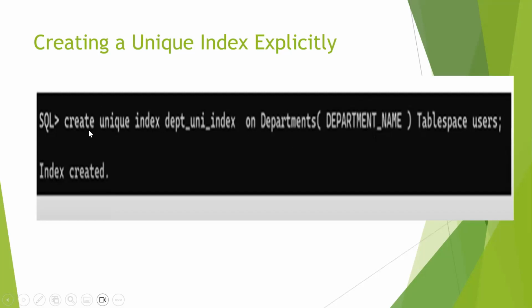So again, we break it down. CREATE UNIQUE INDEX, these are the reserved words. Before, we used just CREATE INDEX. Now we want to create a unique index, so UNIQUE is also a part of this, a reserved word and part of this statement, followed by the name of the index, which we give as department_unique_index, right?